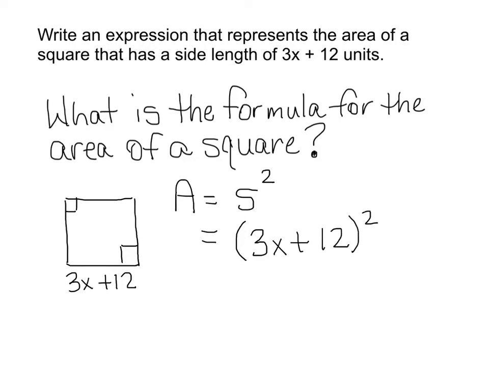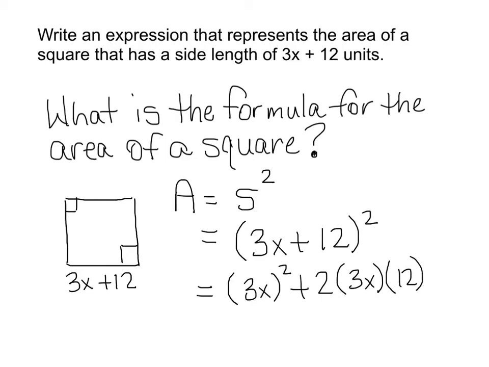Now you can work this problem by going back to the square of a sum, which was the first key concept that we looked at. To find our answer, I'm going to square the first term, 3x squared. I'm going to multiply the product of the second two terms by 2, and then I'm going to square the last term.